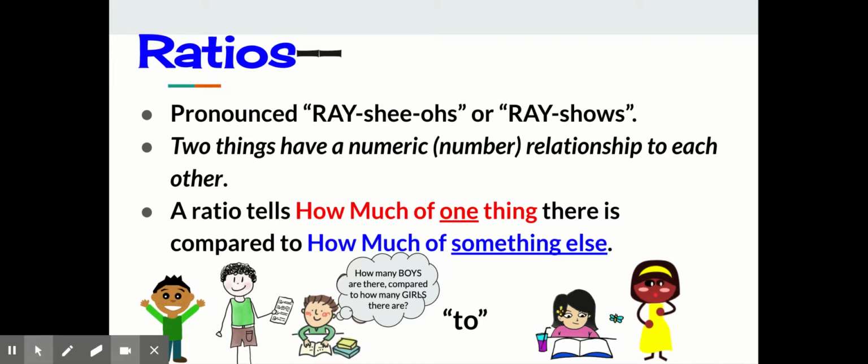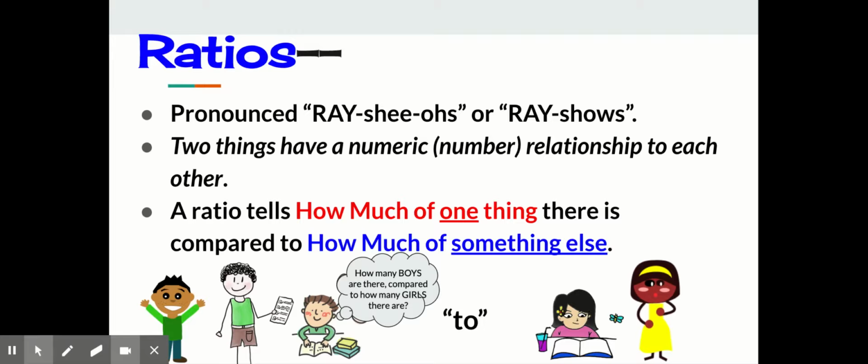That's a number relationship. So a ratio tells how much of one thing there is compared to how much of something else. For instance, in the picture, you see there are 3 pictures of boys and there are 2 pictures of girls. So we could use the ratio idea to tell us that there are 3 boys to 2 girls.